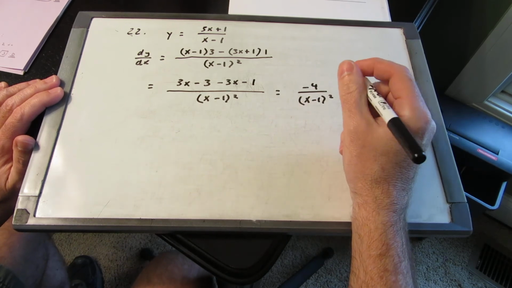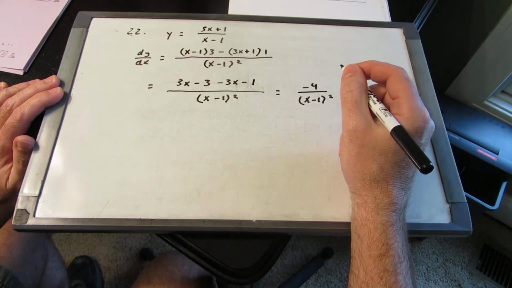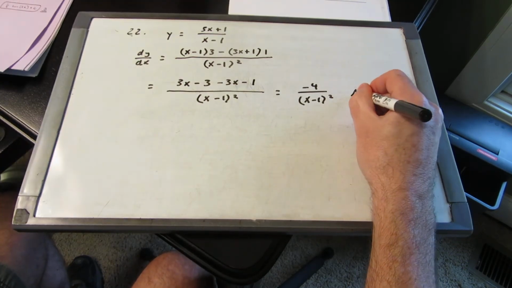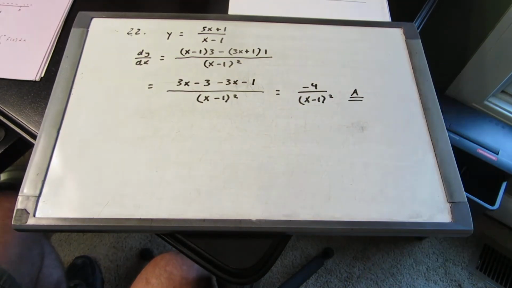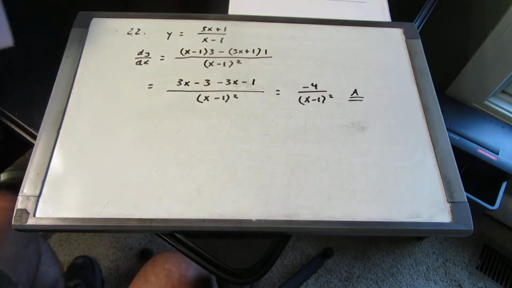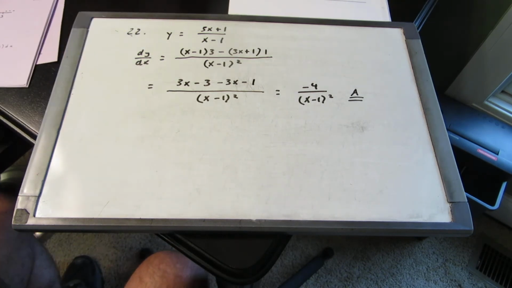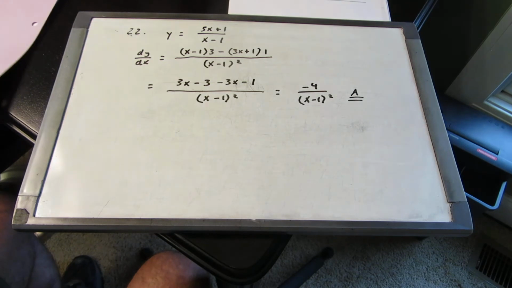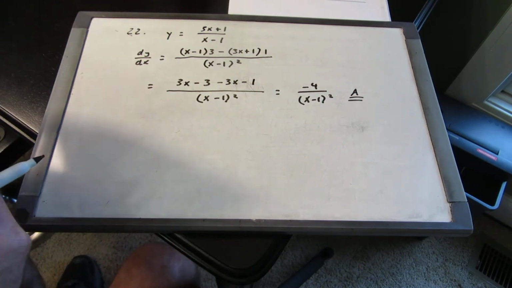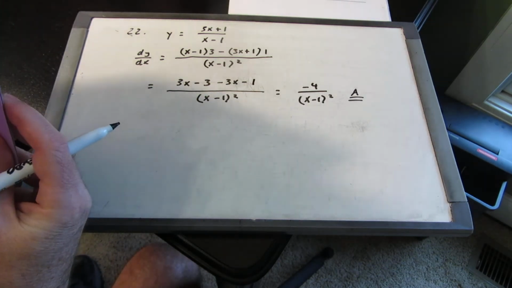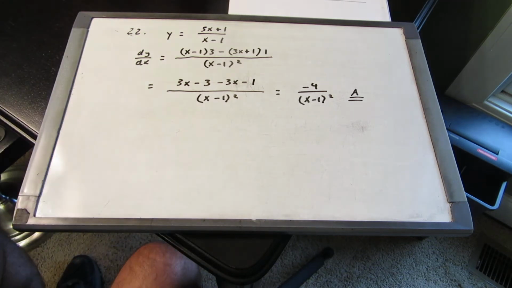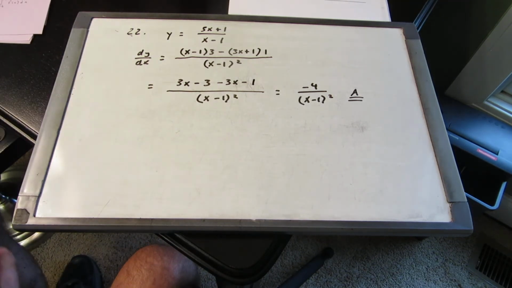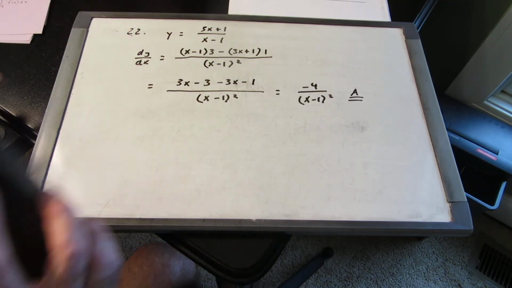And that is going to be A. And the previous answer, number 21, was D. All right, so that's it for number 22.